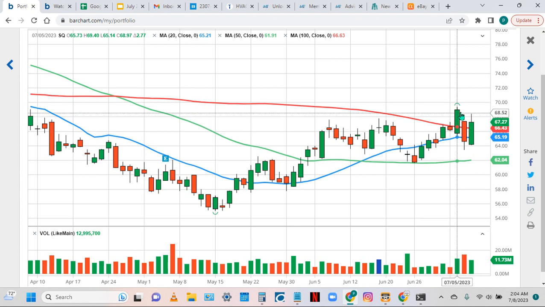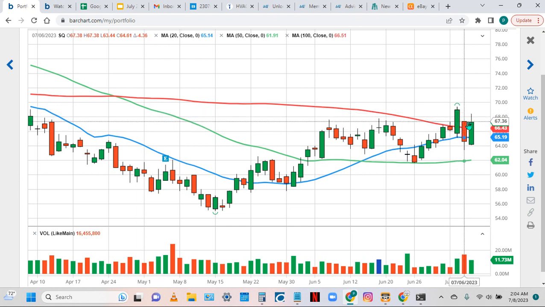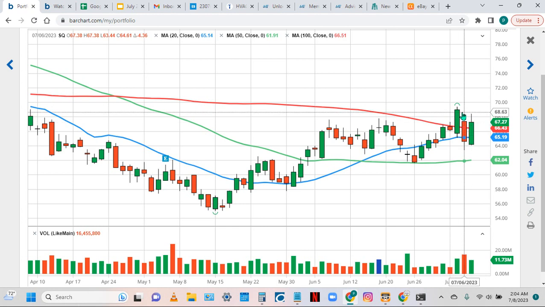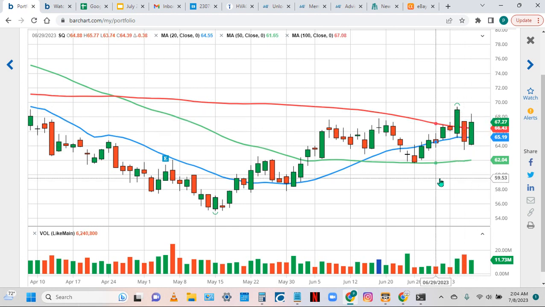So what happens? Of course, next day, the stock gaps down along with the market. So this was part of a weak market that day. And it closes down, stopping me out. Nothing I could do about it, right? And the next day, it actually gaps down again, but closes up and basically engulfs that red day. So this still looks like a viable trade.